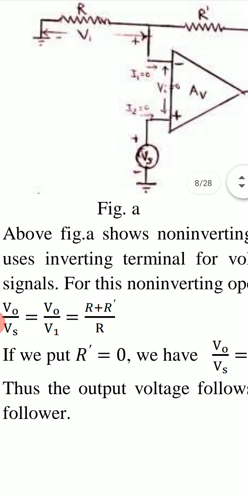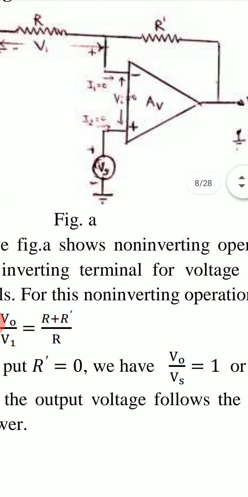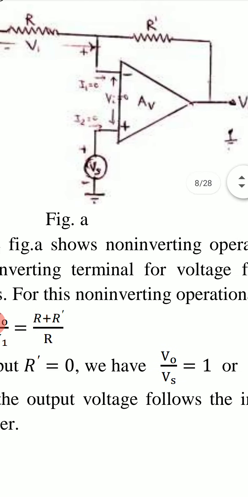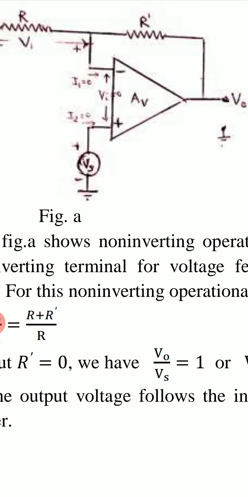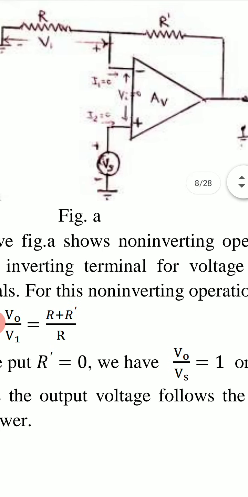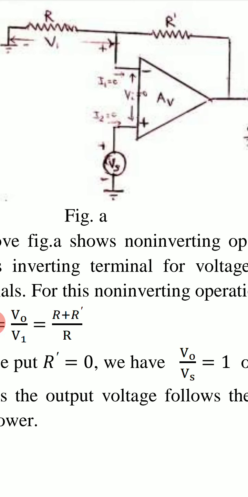And the ratio of VO and V1 is equal to the ratio of R plus R dash and R. R plus R dash is the resistance at which output voltage is obtained, and R is the resistance across which voltage V1 is obtained.